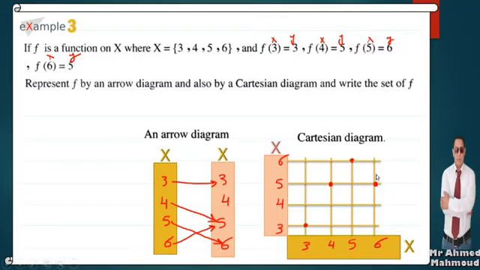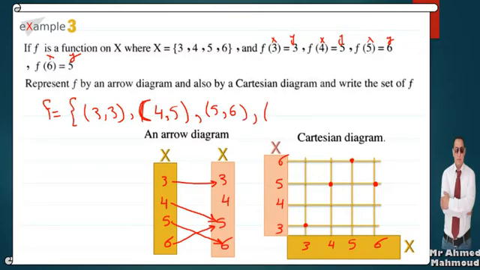It will be like this, and I need to write f equals the set of ordered pairs: 3, 3; 4, 5; 5, 6; 6, 5.